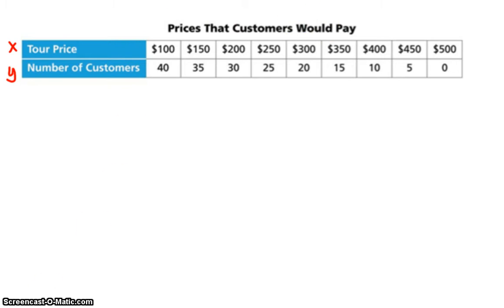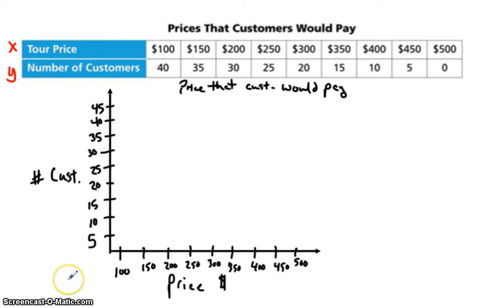All right, so let's go ahead and start graphing this. At $100, we would have 40 customers that would be willing to pay that price. So we'll put a dot here at 40. At 150, we would have 35.